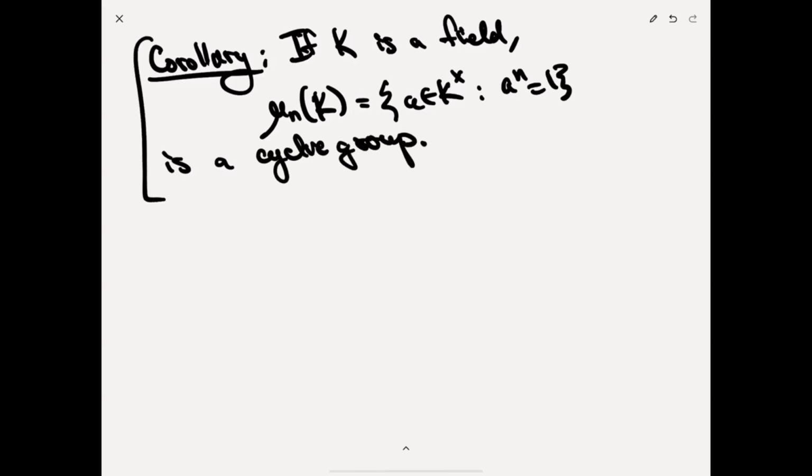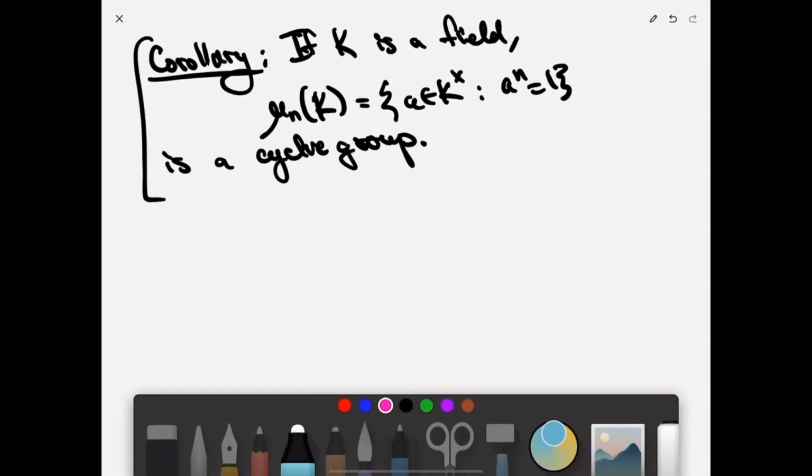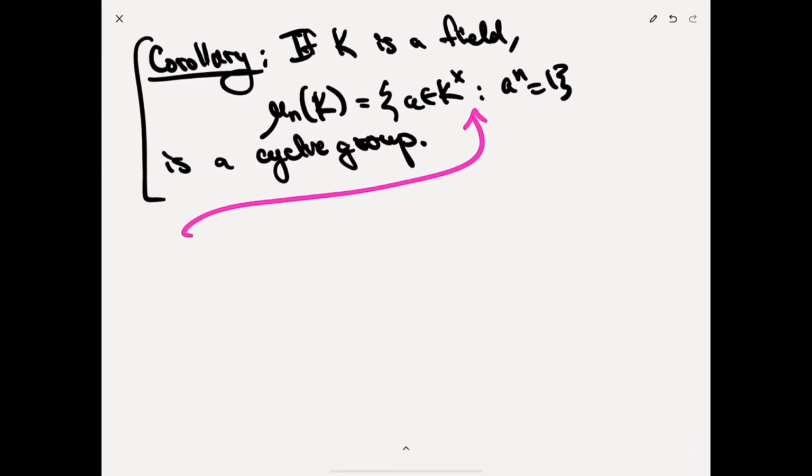This is the set of nth roots of unity in K, right? So K doesn't need to be algebraically closed. It doesn't need to be the complex numbers. It is just any field. And for any field like this, this group is cyclic.